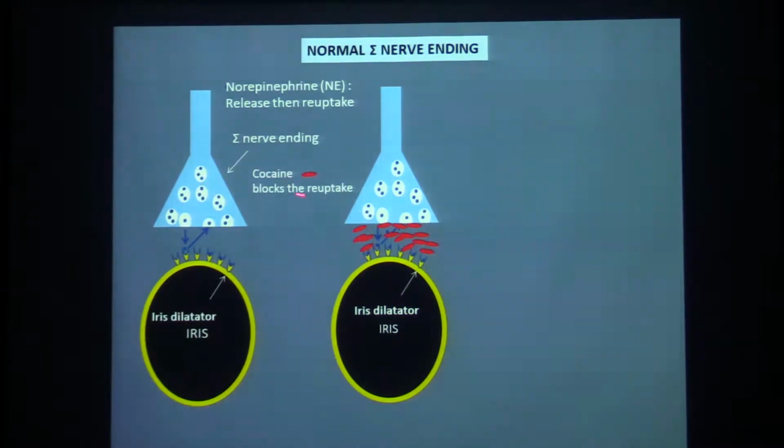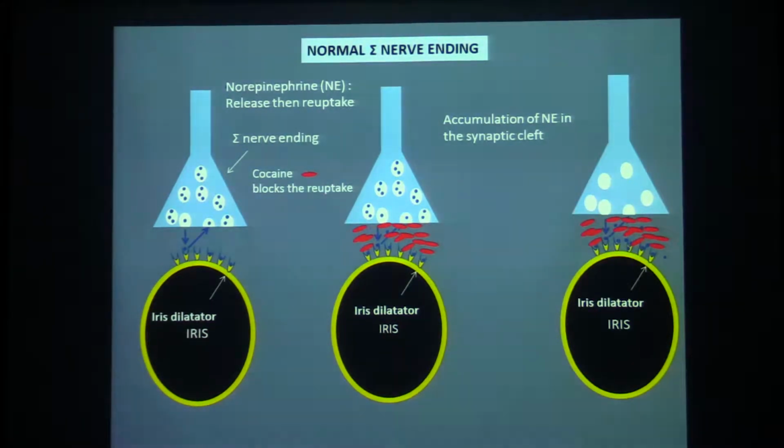When you put cocaine, it blocks the reuptake, and what happens? There is a lot of norepinephrine in the synaptic cleft, and so the dilatation is exaggerated, and there is a big mydriasis. So this is the action when the sympathetic nerve is normal, there is a mydriasis when you put cocaine in the eye.